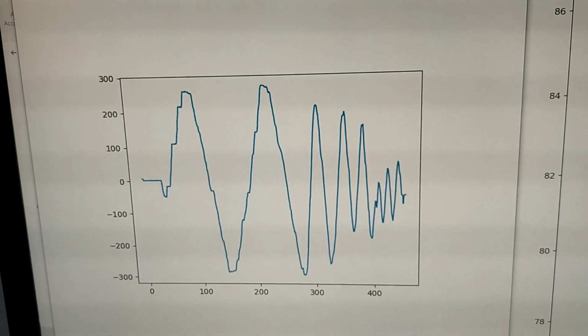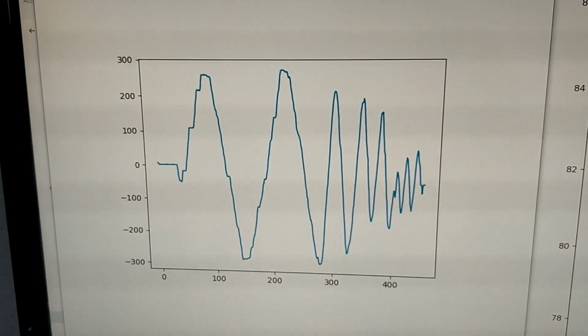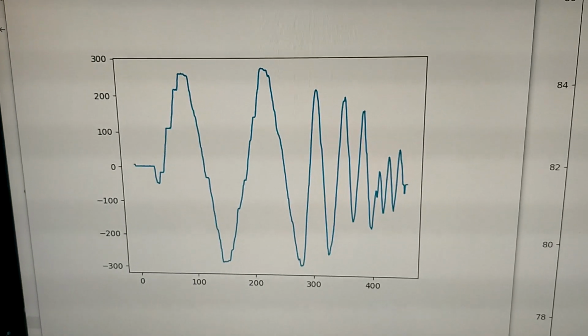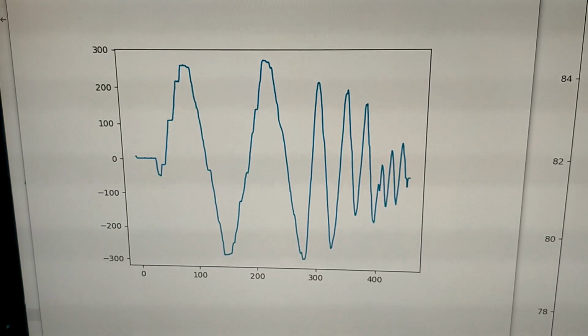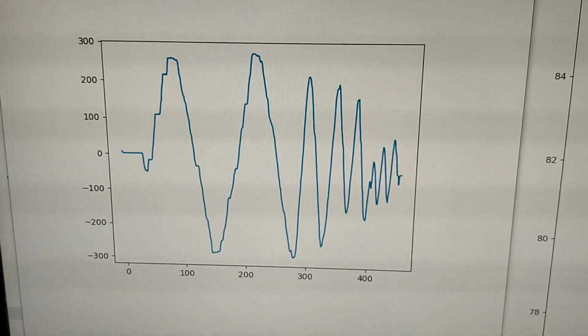The frequency at which the amplitude starts to become smaller is the natural frequency, and we are going to try to calculate approximately at which frequency this amplitude starts to become smaller.